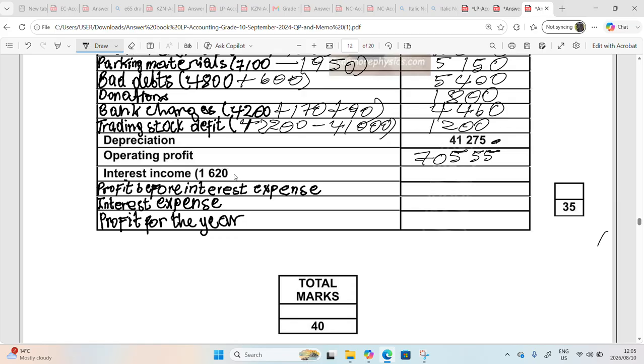Just like the interest expense, you show it separate, because investors, lenders, people who want to invest in your business, they want to see interest income and interest expense separate. Those are major items.